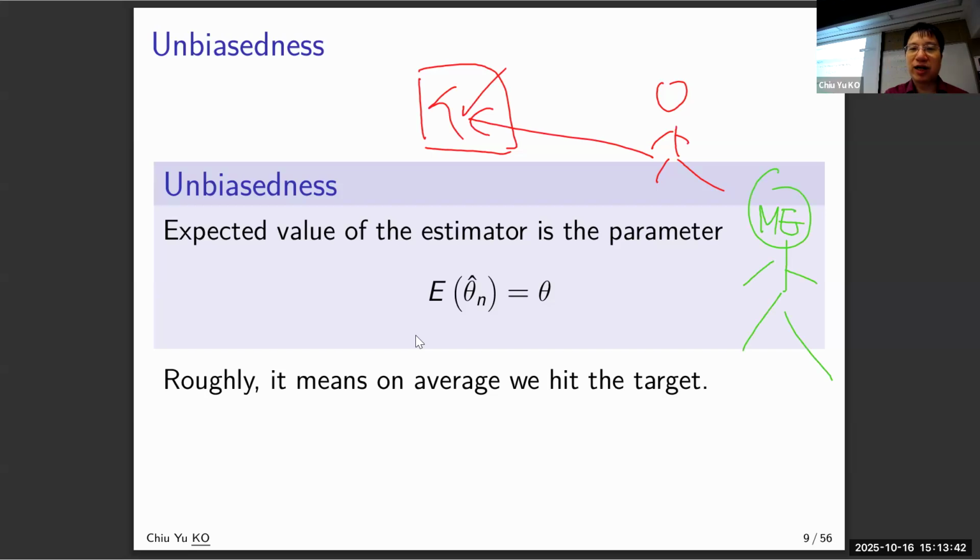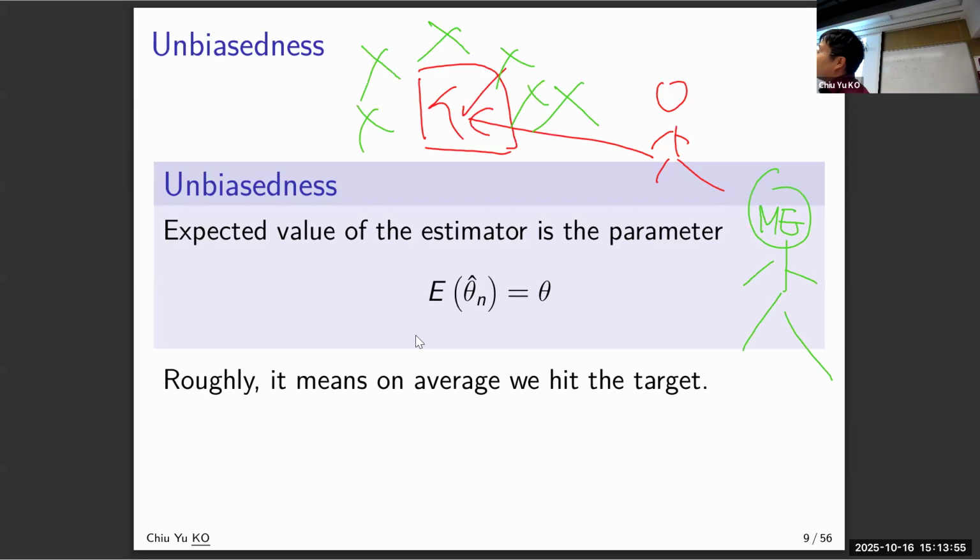I don't hit inside, I hit outside. I don't get the ball in the net, but on average, I'm in. So on average I'm getting in, but I'm not getting in every time. Sometimes I'm very far away, sometimes never get in. It's also okay. But on average, it's in. So the average is exactly what we want to get.